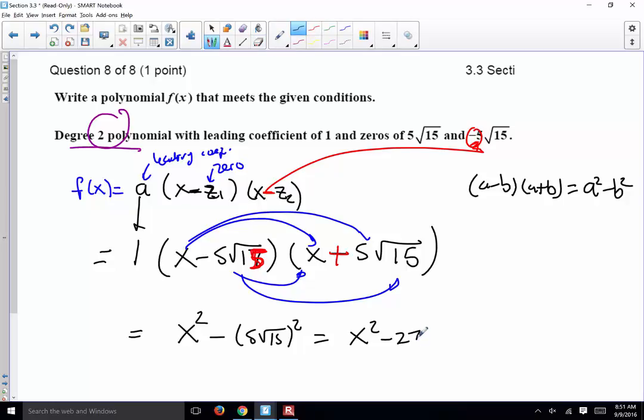Okay. So this is it then. Look, you square 5, do the square root, it's just 15. 25 times 15 is, no, I'm wrong, 375. Right?